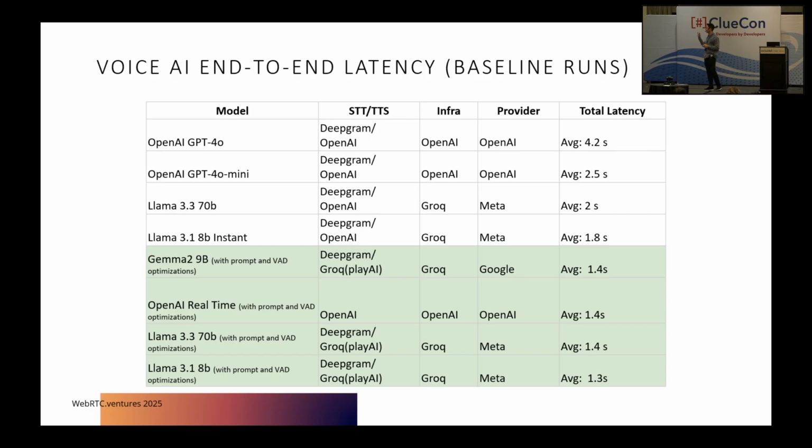And here I did some benchmarks, baseline runs on my laptop, so it's obviously not a research paper. You can try it yourself, but there is a huge difference comparing different providers and different combinations. I was quite surprised, for example, that OpenAI GPT-4o performs really badly for text-to-speech.